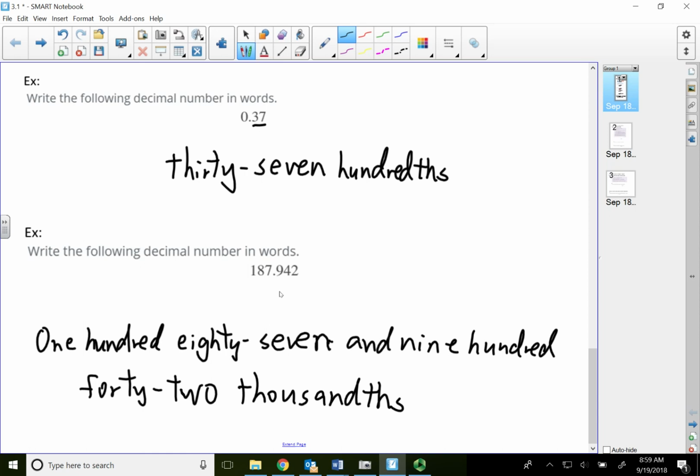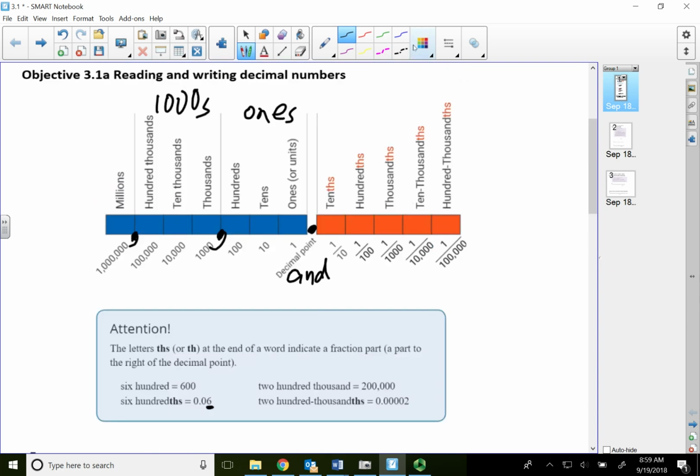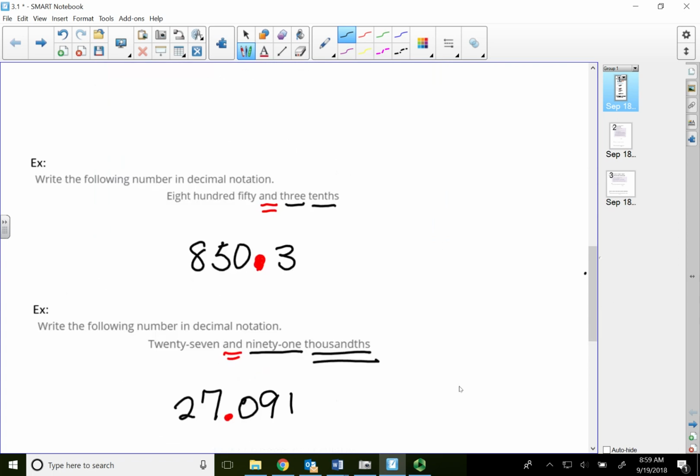Behind the decimal, we have to tell the reader what place value the last digit is sitting on within the decimal place values. Normally I call the left side the whole number place values and the right side of the decimal the decimal place values. That's how I distinguish my two sides.